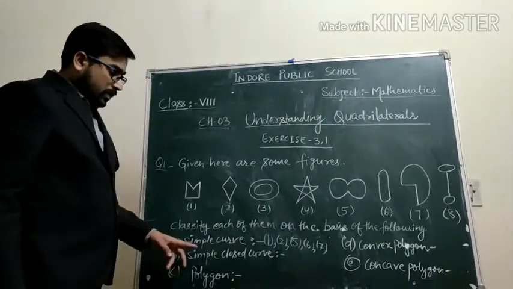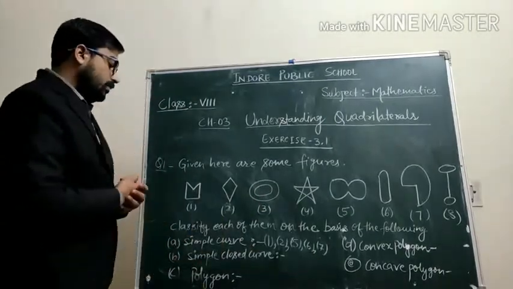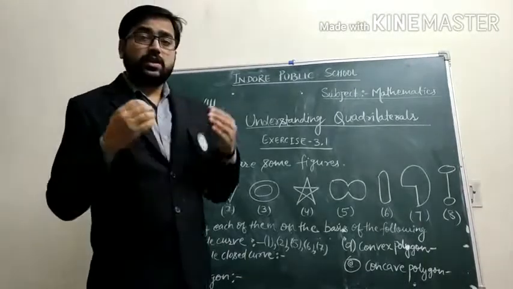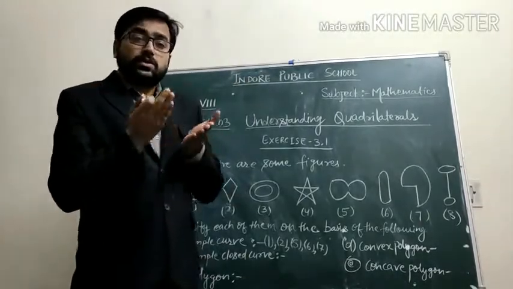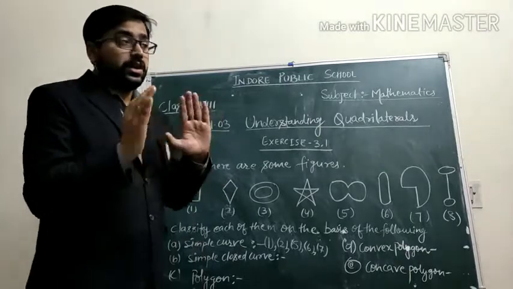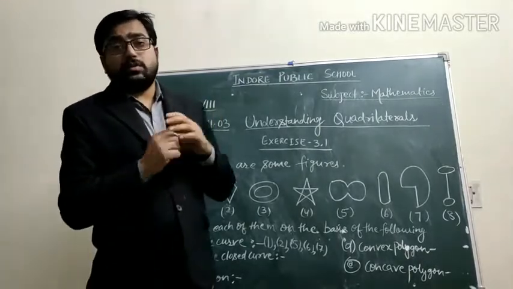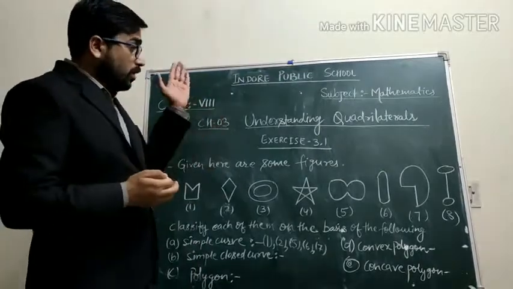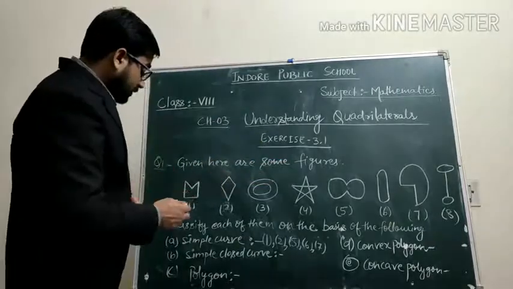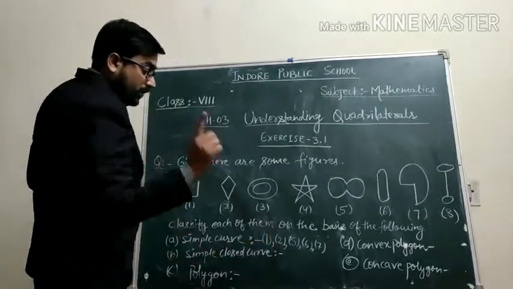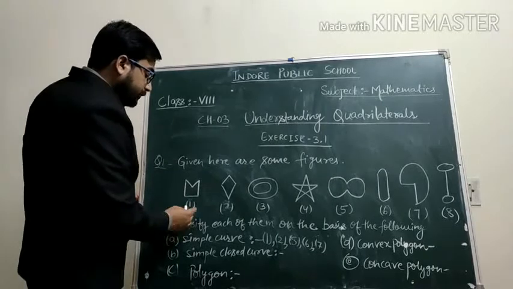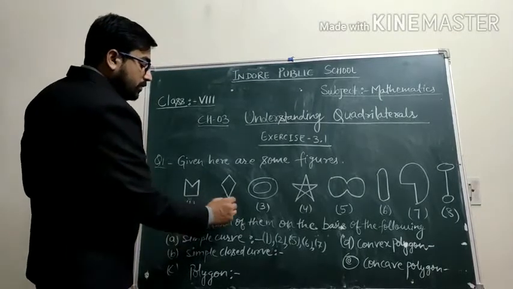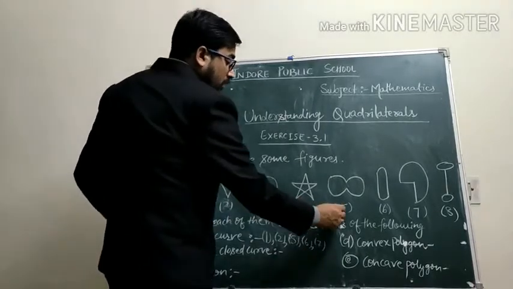Now next, simple closed curve. You know, simple closed curve means a closed curve which does not intersect itself. It should not intersect each other, that is a simple closed curve. Already we have discussed this point in the first lecture of this chapter. This one is a simple closed curve. This one is a simple closed curve.